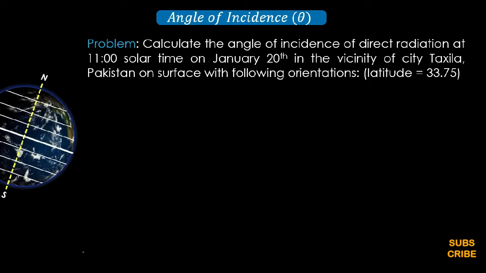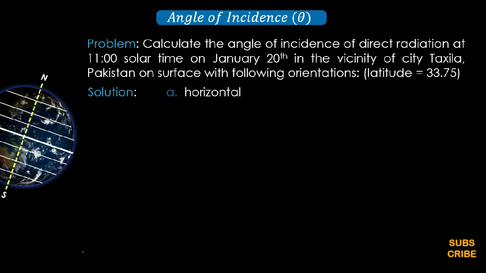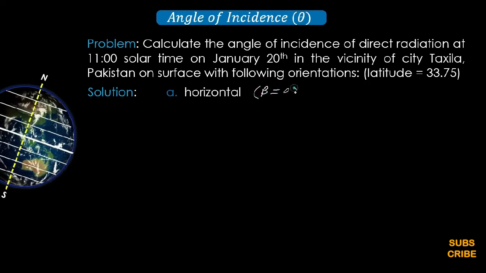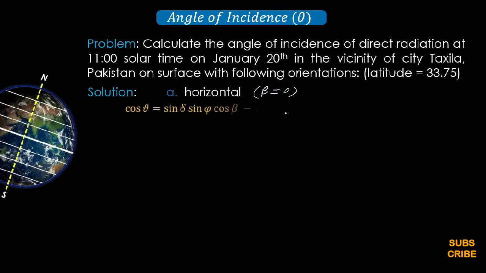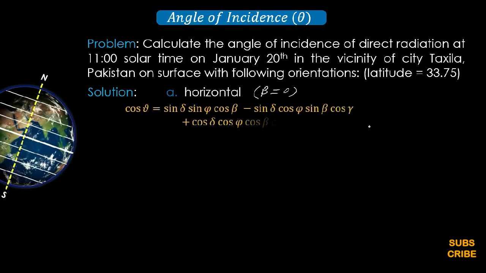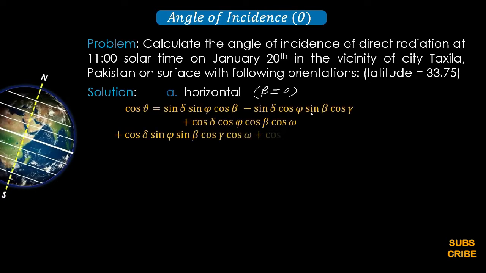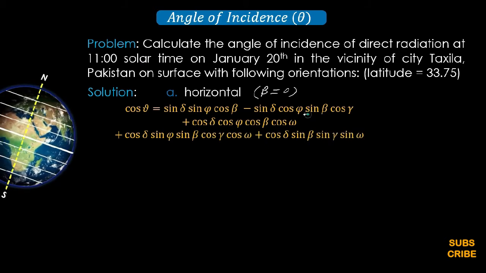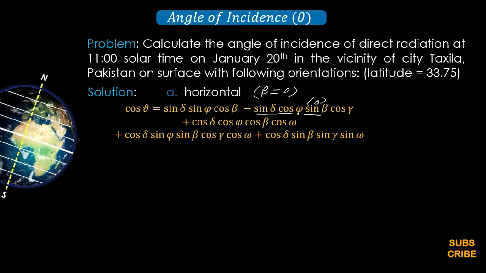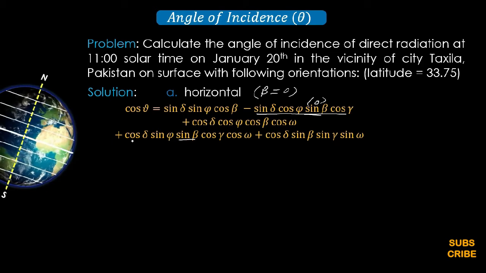Now to solve this problem for the first orientation, where the plate is placed in horizontal position, the value of beta would be 0. So considering the general expression for the angle of incidence, here we see sine beta is going to be 0, and once we use 0, the entire term would be 0. Similarly, here we have sine beta, so this term would also be 0.